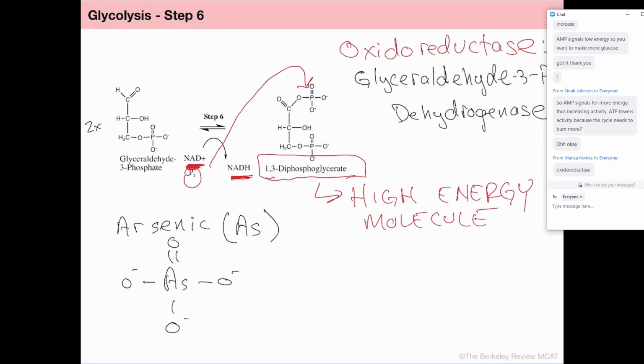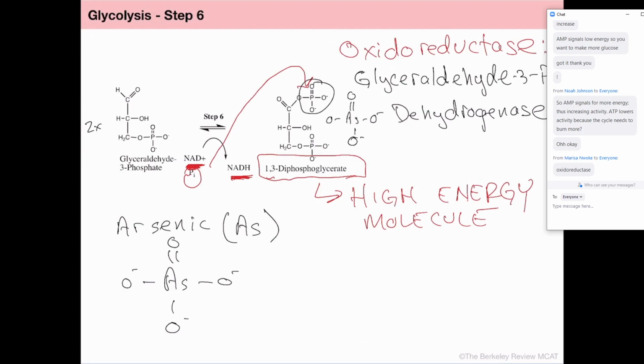So if you eat arsenic in enough quantity, this enzyme, glyceraldehyde 3-phosphate dehydrogenase, can actually pick up this arsenic group. Instead of 1,3-diphosphoglycerate, it can turn it into, let me just draw it out, it can add the arsenic group, instead of this, in the O.